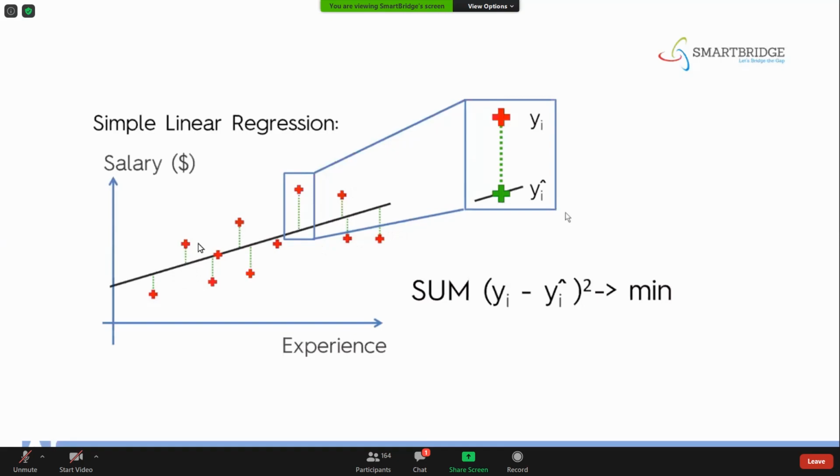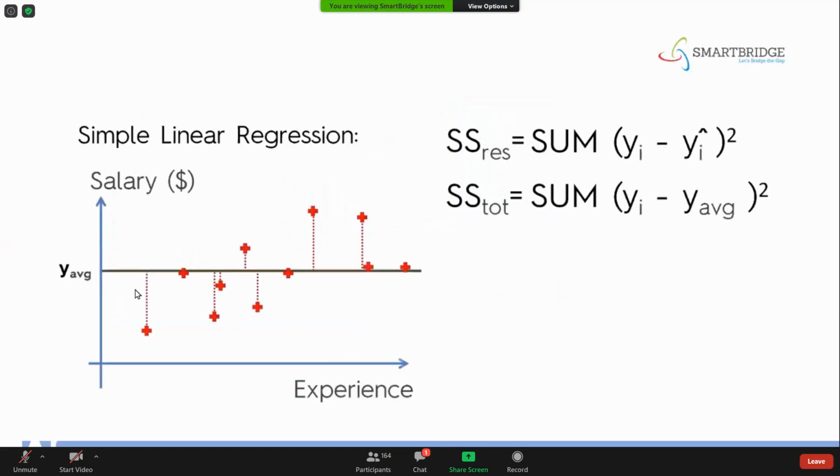After drawing a straight line, you calculate the error. Now you move the straight line upside or downside, then you find the best fit line. How do you say this is the best fit line? Whenever the error is minimum. That error is considered as SS res.